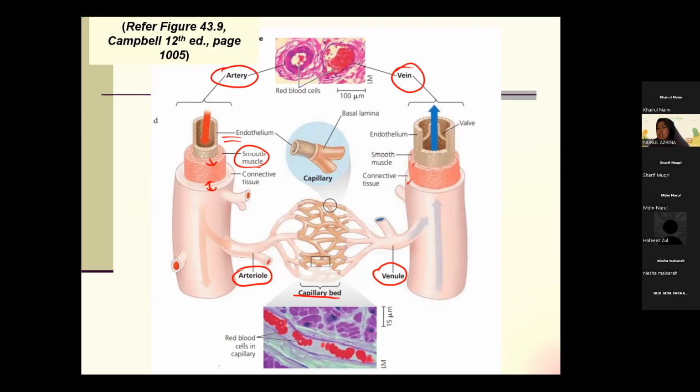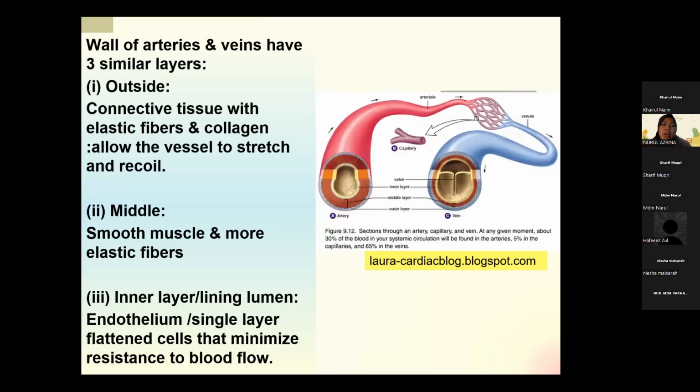Okay. Now let's see the detail. The walls of arteries and veins have three similar layers. The outside layer, which some books state as tunica externa, the outermost layer, is composed of connective tissue with elastic fiber and collagen fiber.